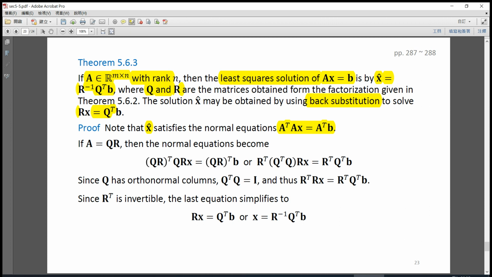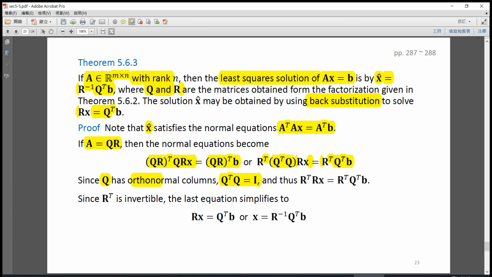And if A equals QR, then we substitute A with QR into the normal equations and obtain (QR) transpose QRx equals (QR) transpose b, which can be written as R transpose times Q transpose Q times Rx equals R transpose Q transpose b. Because Q has orthonormal columns, we know Q transpose Q equals the identity matrix.